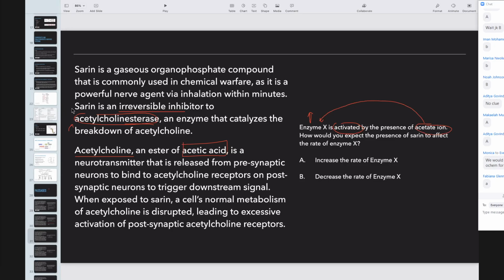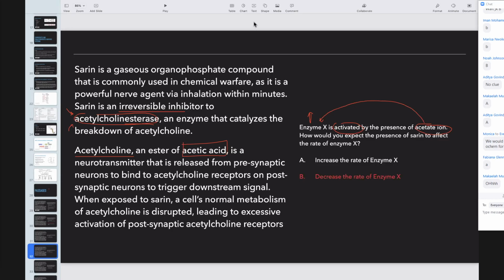But if sarin is inhibiting this acetylcholinesterase, you're not breaking down the acetylcholine, you will not create the acetate ion. So if you're not creating the acetate ion, it's not there to increase the rate of enzyme X. So you would thus decrease the rate of enzyme X in the presence of sarin because you won't have that acetate being produced.